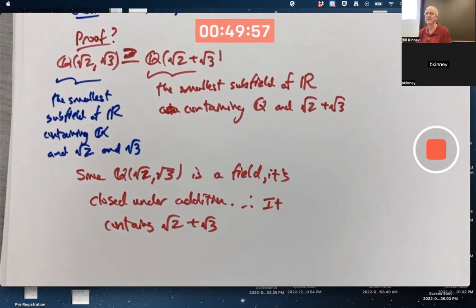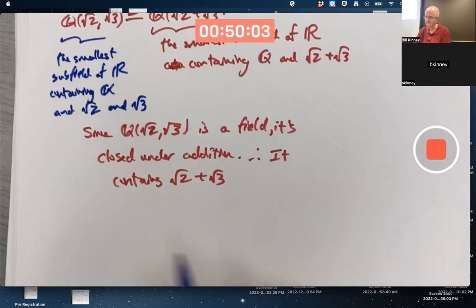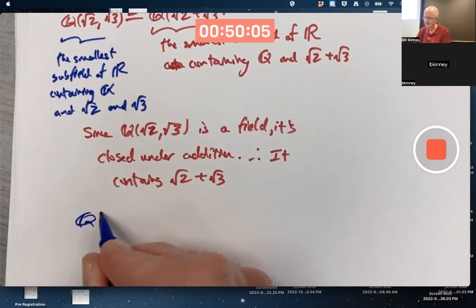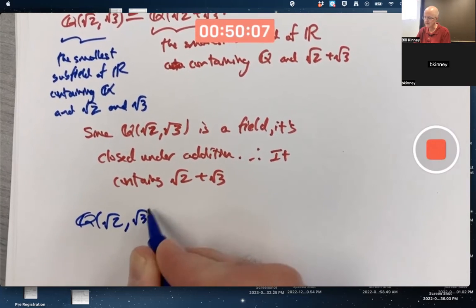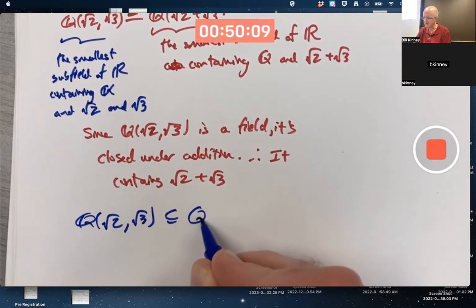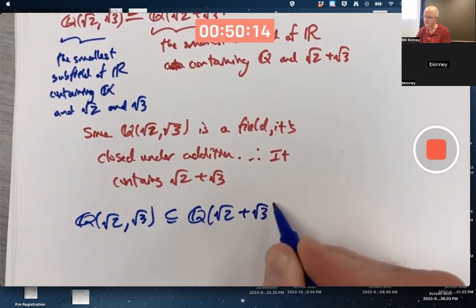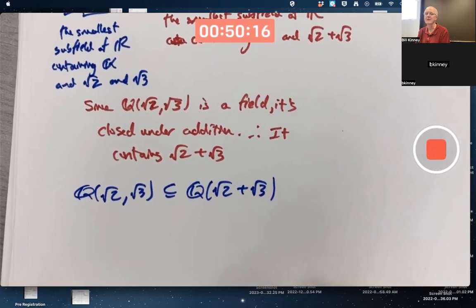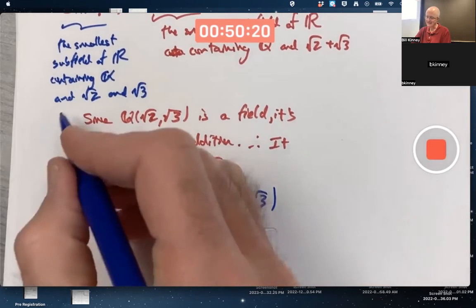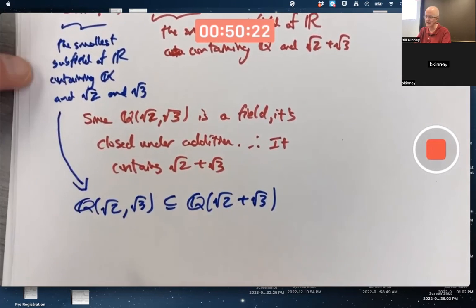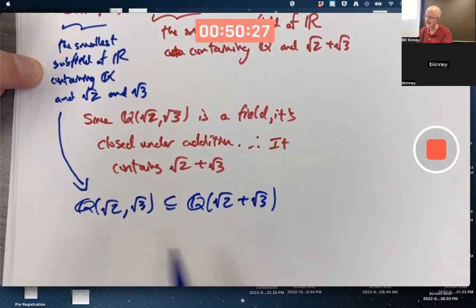This is a kind of argument I want you to get. The harder proof is the other inclusion. But you still use the definition of these field extensions, where you take the rationals and join these roots. Once again, this thing is the smallest subfield of the reals containing Q, square root of 2, and square root of 3.